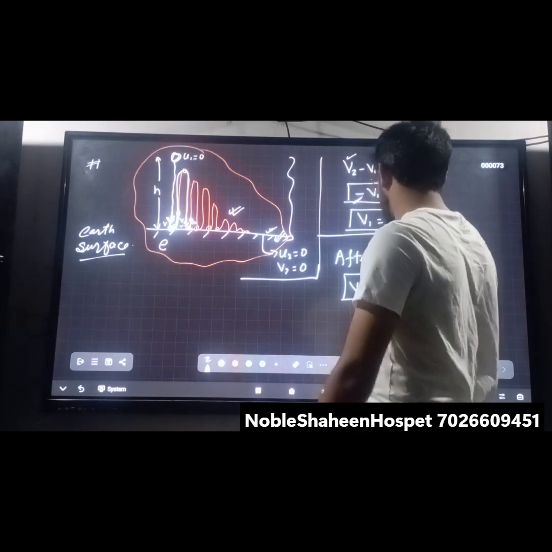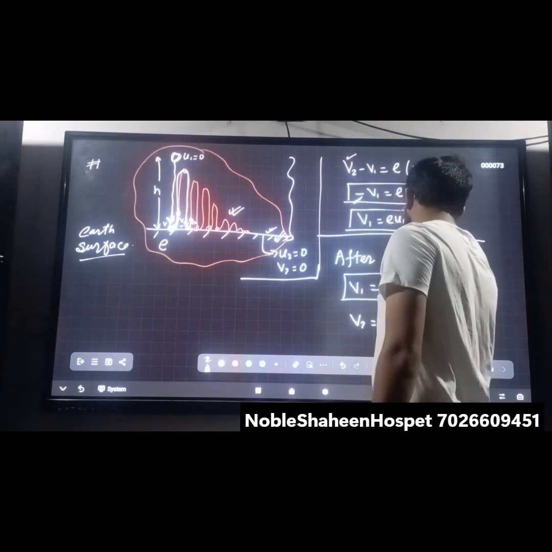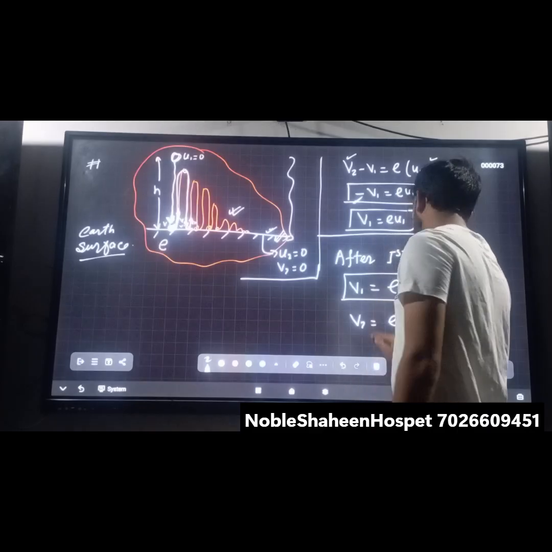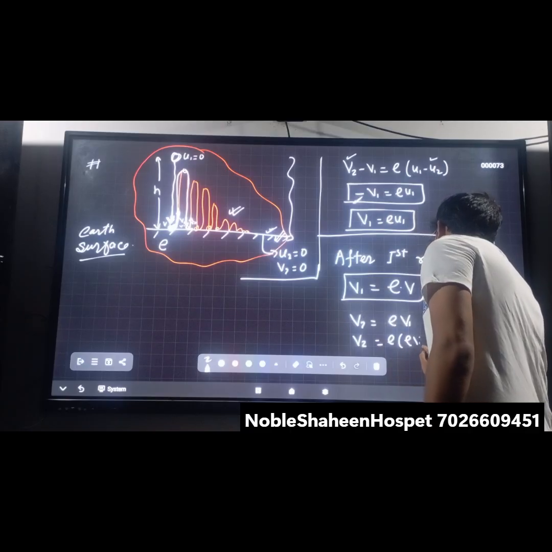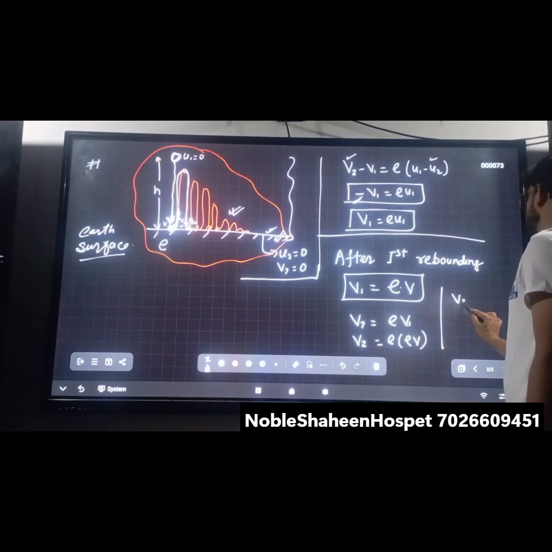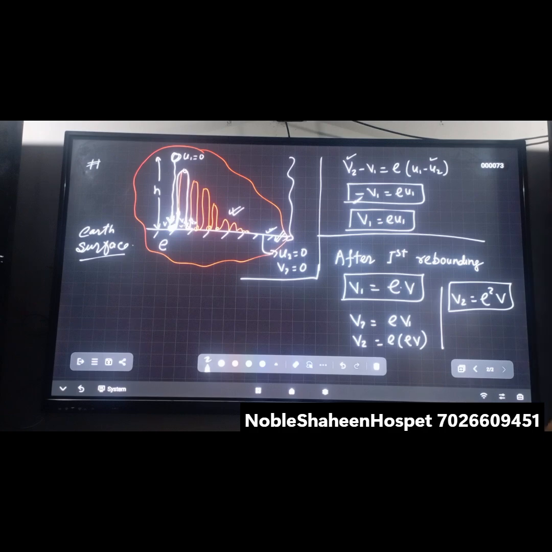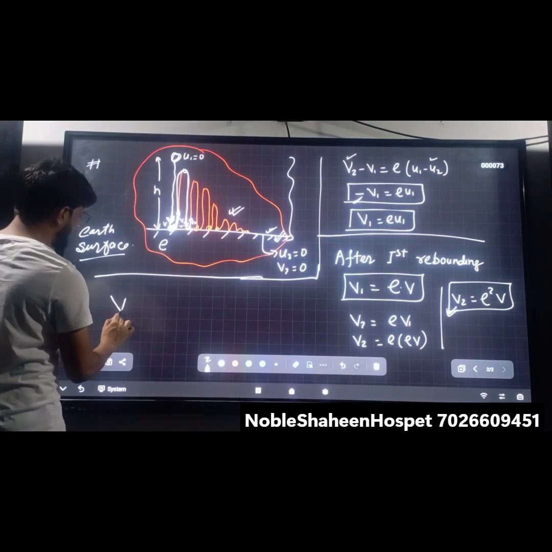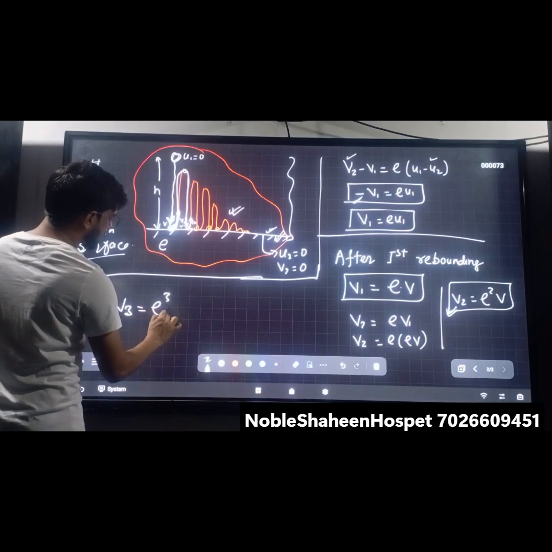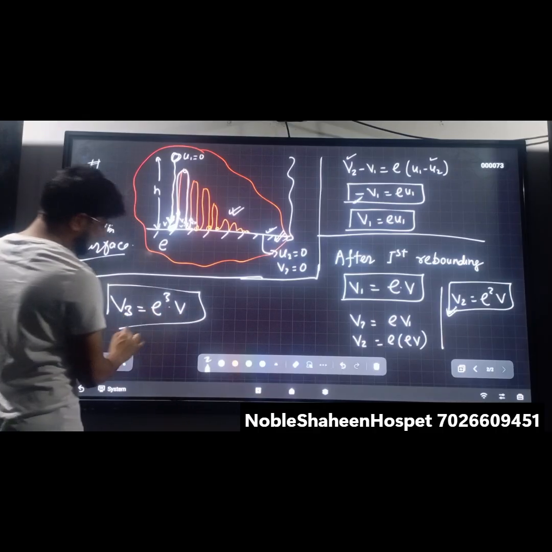So v2 can be written as e into v1, that is e into ev, or e square into v. That means after the second rebounding, the final velocity of the ball will be e square into v. Similarly, after the third collision, v3 is equal to e to the power 3 into v, and so on.